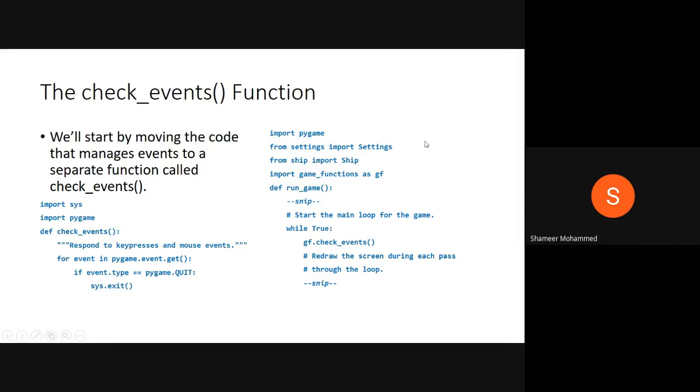Like this, you can create a separate class called game functions. You all know this from the sixth lecture. This is an alias: instead of calling game functions, we assign a short name, GF. So GF dot check events is the code present in your game functions file.